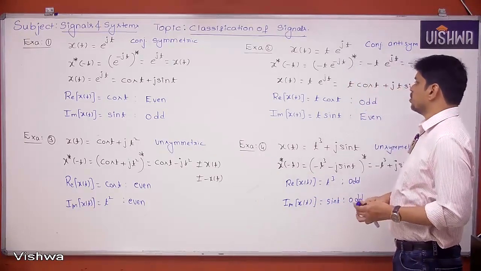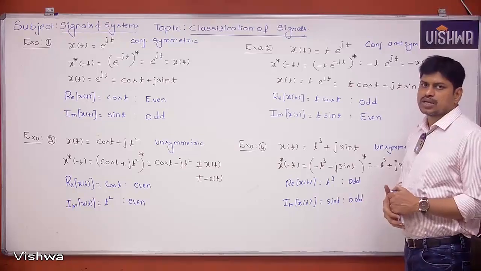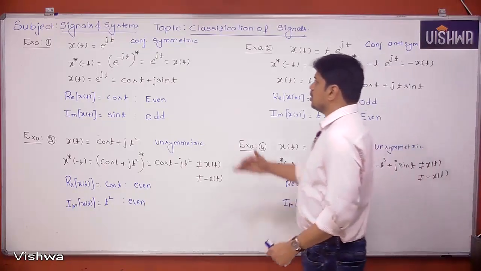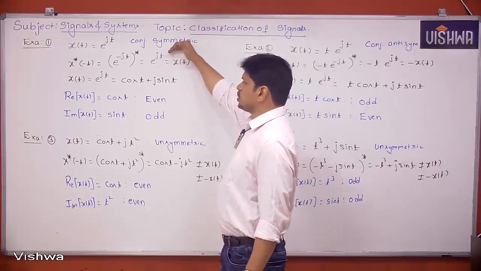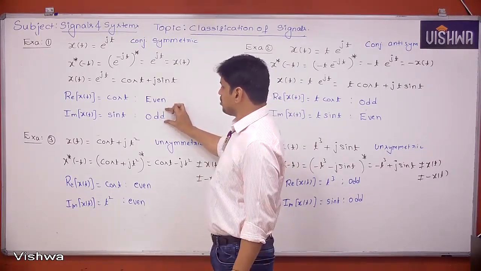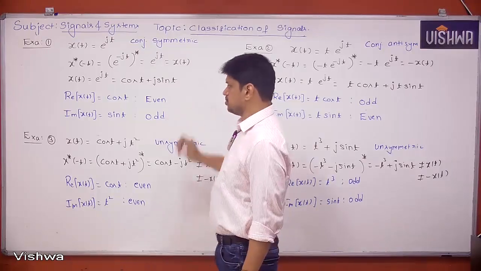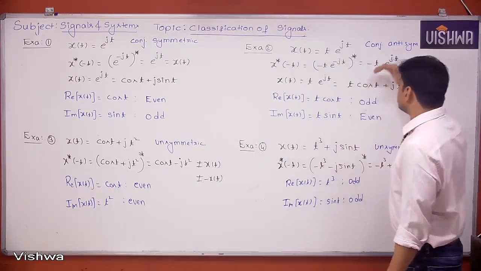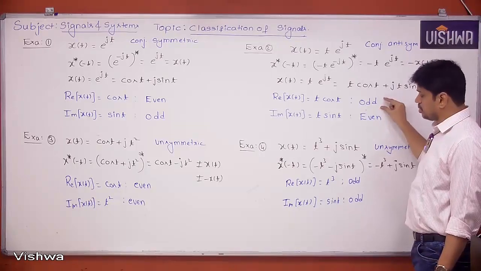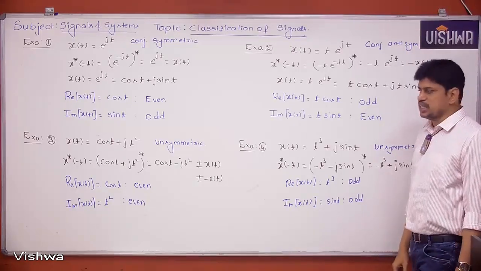So this is what we have to see. In that, what are the important points we have to observe? Whenever the signal is conjugate symmetric, the real part is always even, imaginary part is always odd. When the signal is conjugate anti-symmetric, the real part is always odd, imaginary part is always even.